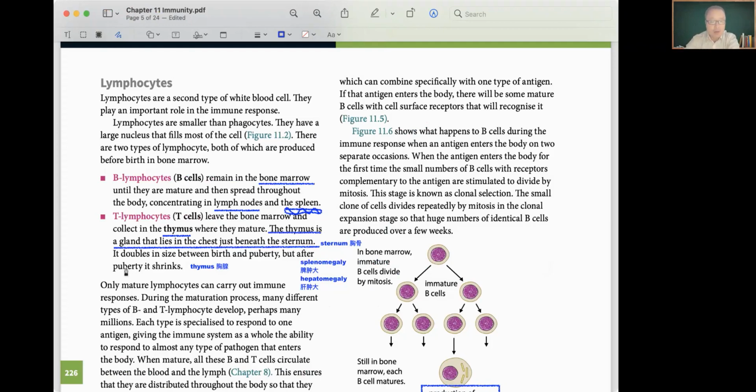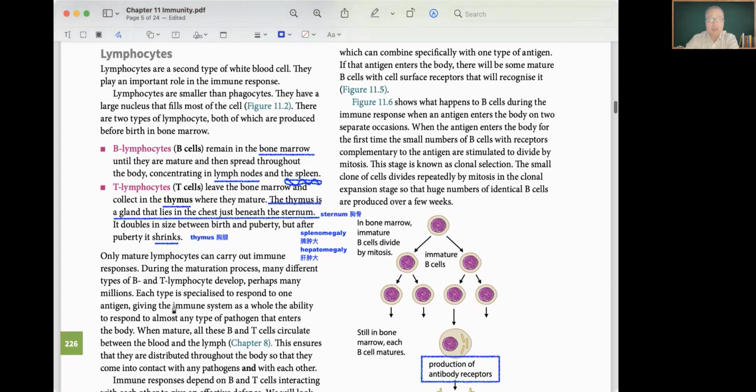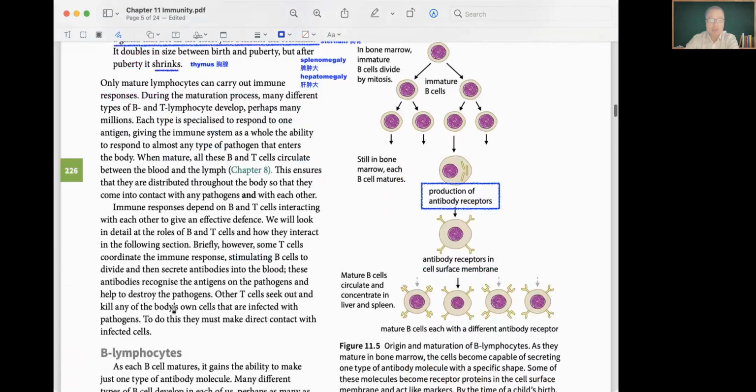It doubles in size between birth and puberty, but after puberty it shrinks. Shrinking means it is not active anymore. But before its shrinkage, it has matured the T lymphocytes.